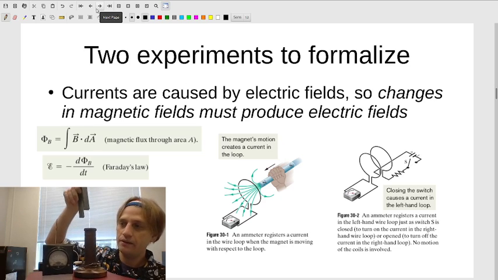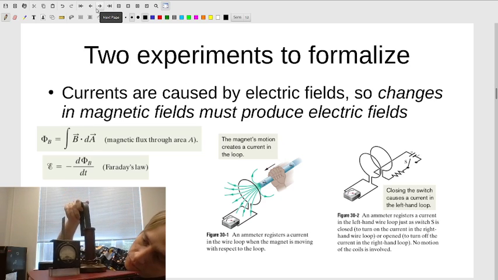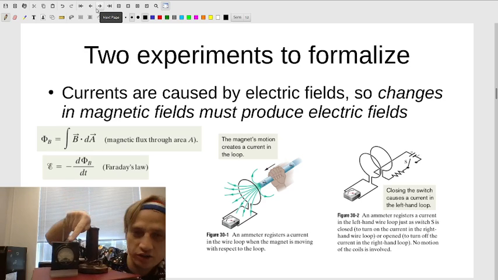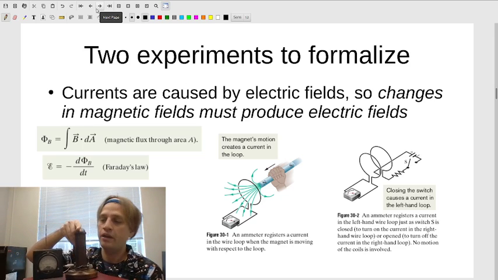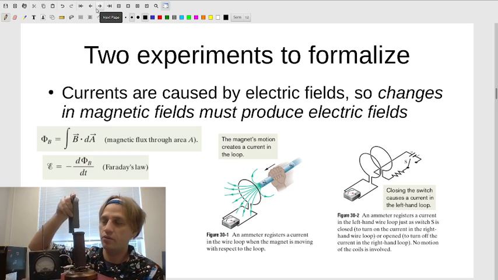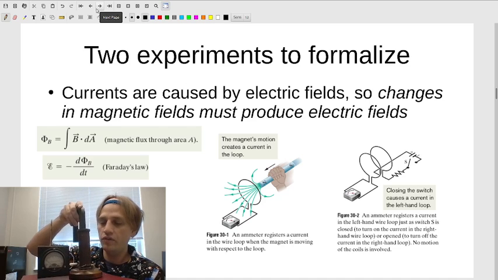You've got a magnet, and as you push that magnet into a coil of wire, it causes a current. So you see I've got a very old style ammeter here, and it doesn't even give us currents in both directions. But as I push this magnet in, if I'm not moving the magnet relative to the coil, I don't get any current.